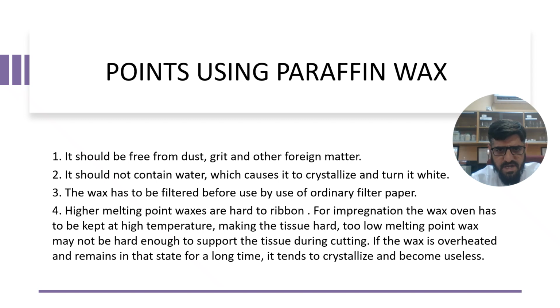For impregnation, the wax oven has to be kept at a high temperature, making the tissue hard. Too low a melting point wax may not be hard enough to support the tissue during cutting. If the wax is overheated and remains in that state for a long time, it tends to crystallize and become useless.